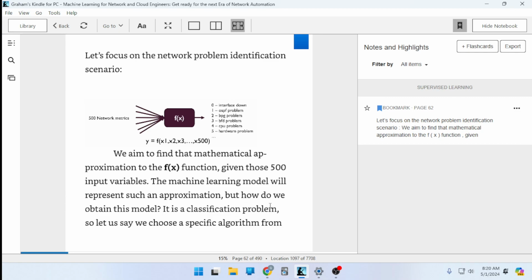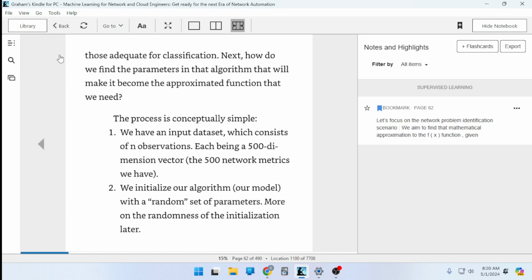It is a classification problem. So let's say we choose a specific algorithm from those adequate for classification. Next, how do we find the parameters in that algorithm that will make it become the approximated function that we need? The process is conceptually simple.